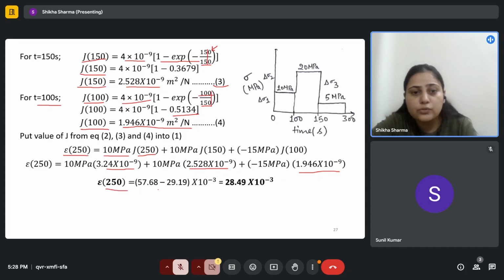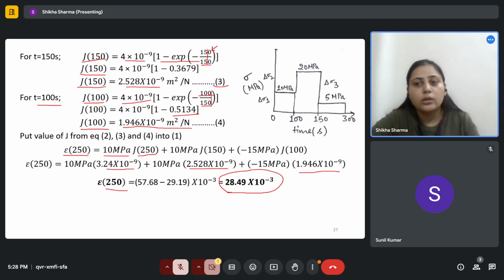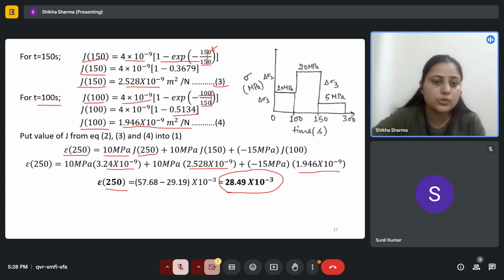When we solve this, we get the strain at 250 seconds equal to 28.49 into 10 to the power minus 3 strain. So this is our answer, the strain at 250 seconds.